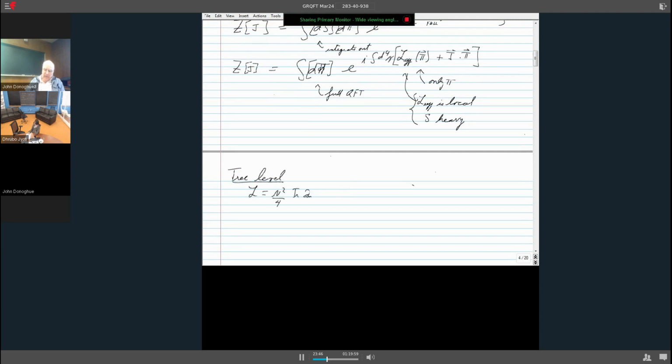Now we can actually do this at tree level. So let's do it at tree level. It's pretty easy. At tree level means you're just exchanging a heavy particle without any loops. So our Lagrangian, we have v squared over 4 trace d mu U d mu U dagger, and we had a coupling.